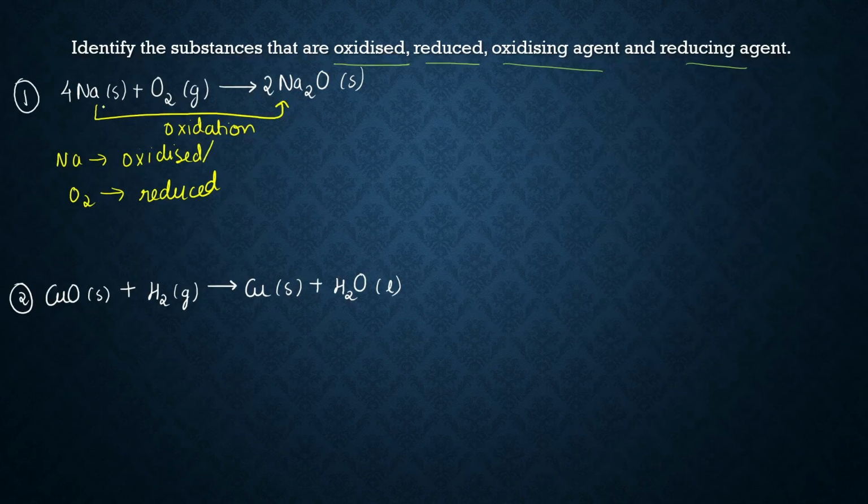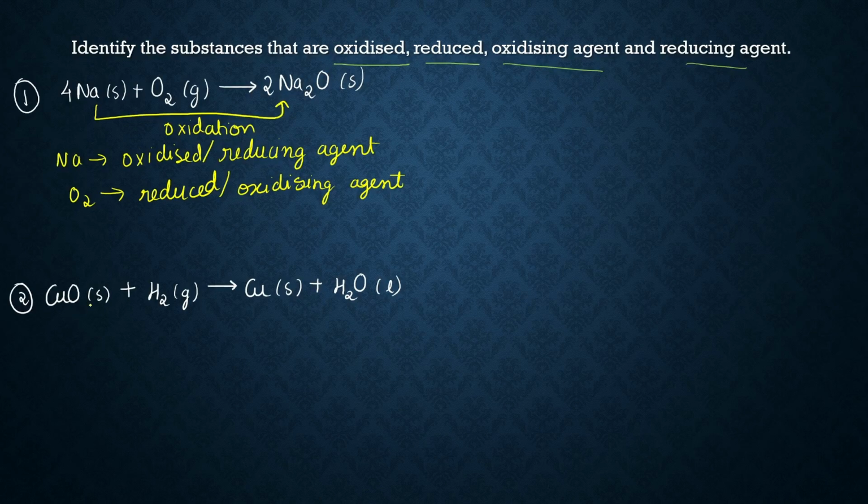Here sodium is accepting the oxygen and is reducing O2, so this will behave as the reducing agent. Always, the substance which is oxidized will be the reducing agent, and the substance that is reduced will be the oxidizing agent. Just vice versa. If you have any doubt, let's make it clear with the next example.